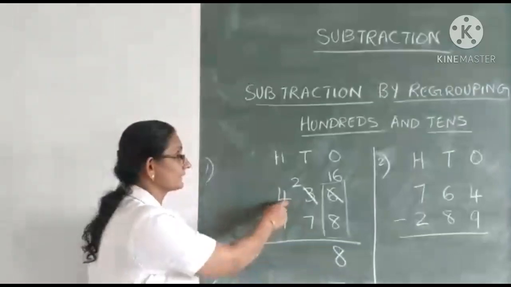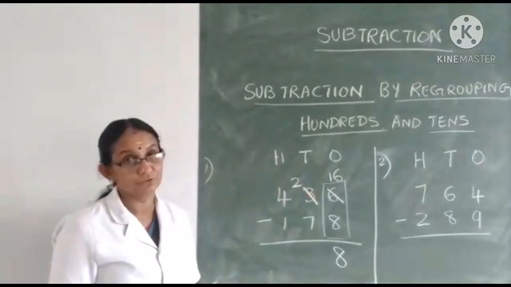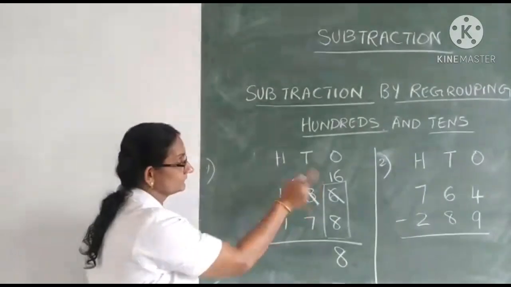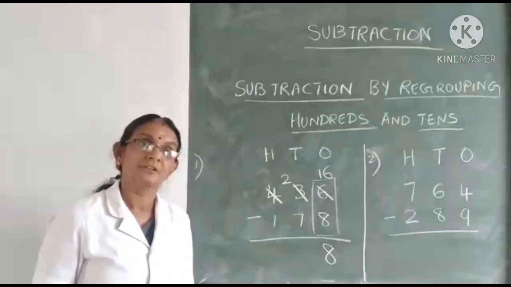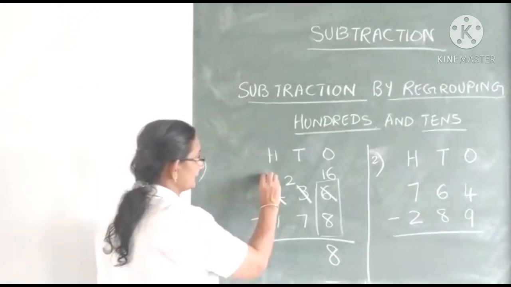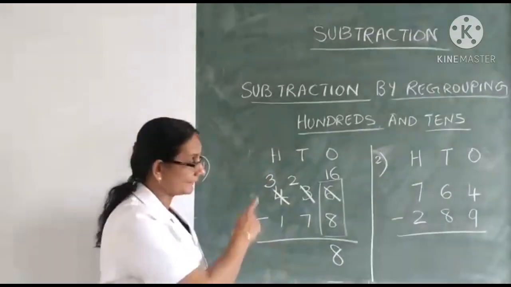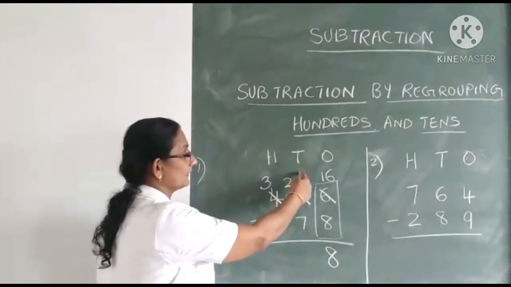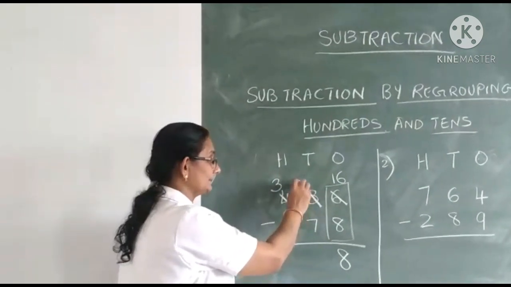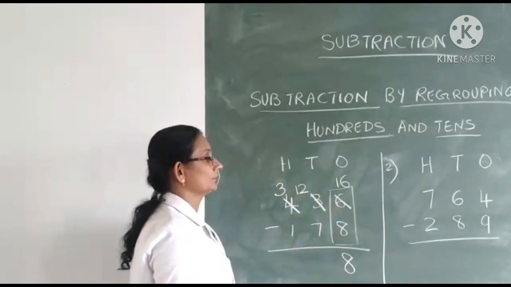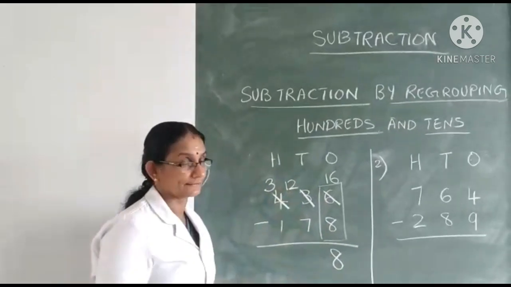So from 400s you are giving away 100 to the digit in the tens place. So from 4 you take away 100, you will have 300s here. And 100 plus 2 tens will give you 12 tens, isn't it? So you have 12 tens here.